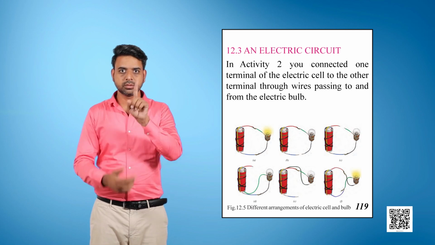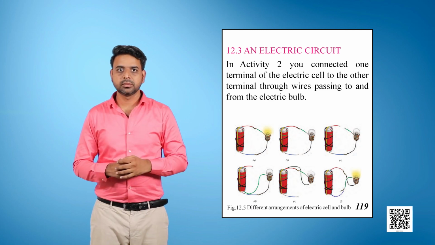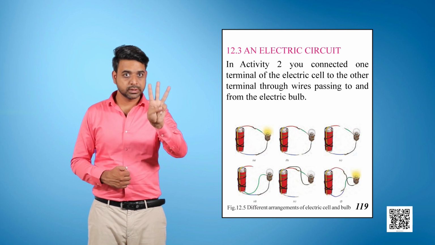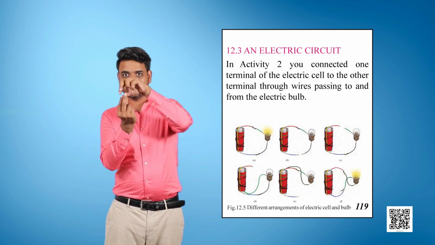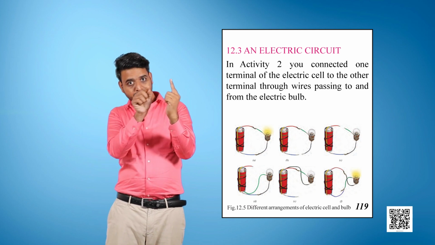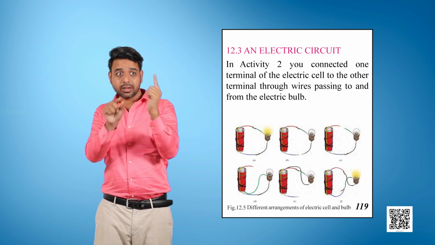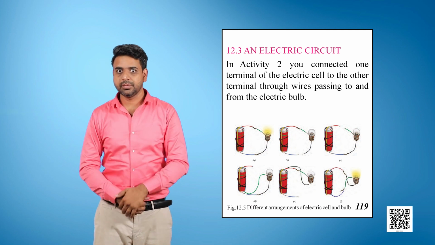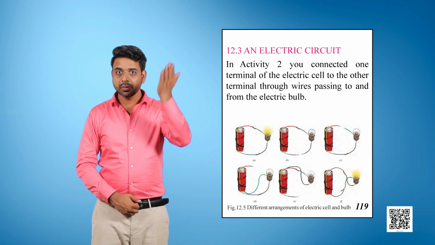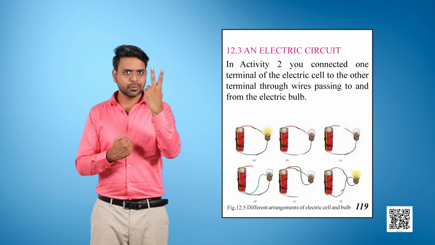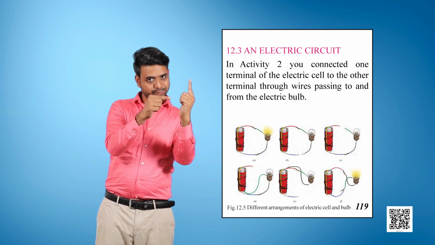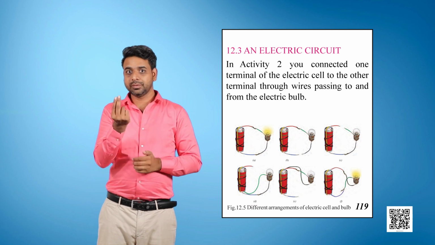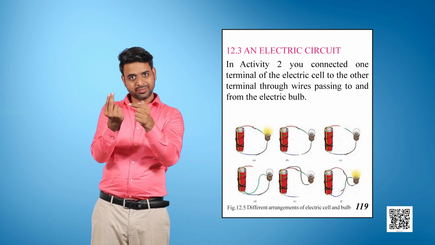Page 119. 12.3 An electric circuit. In activity 2, you connected one terminal of the electric cell to the other terminal through wires passing to and from the electric bulb.